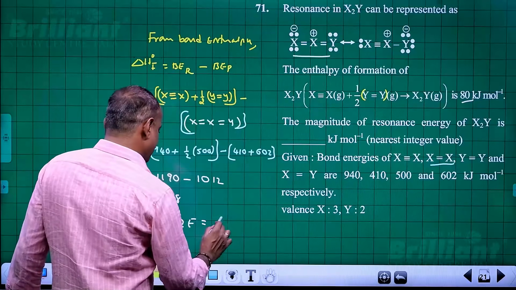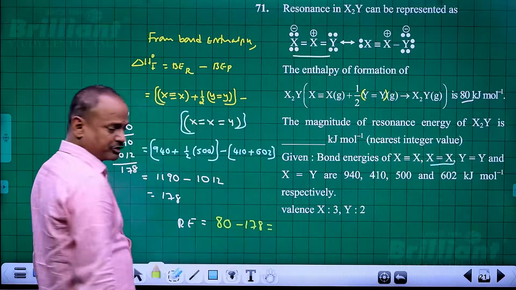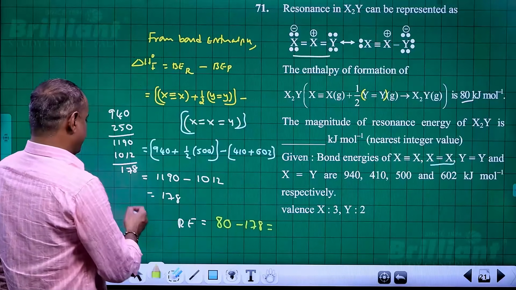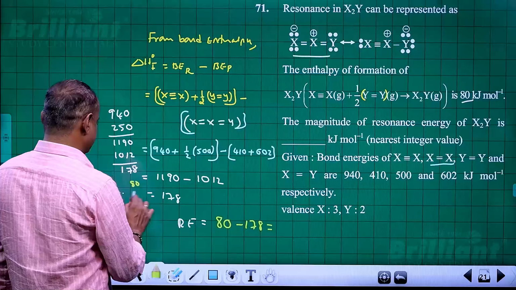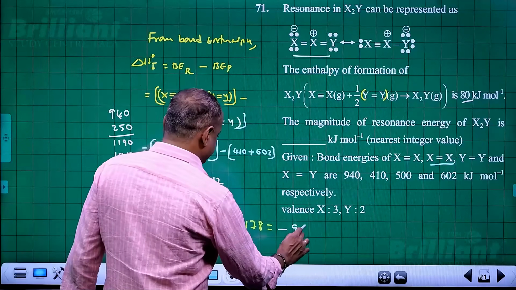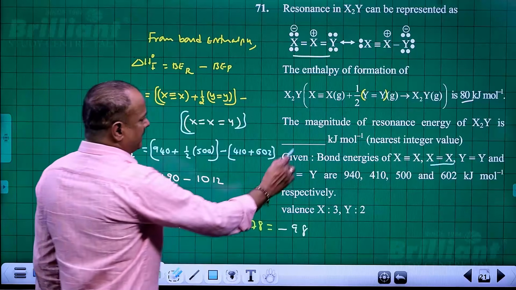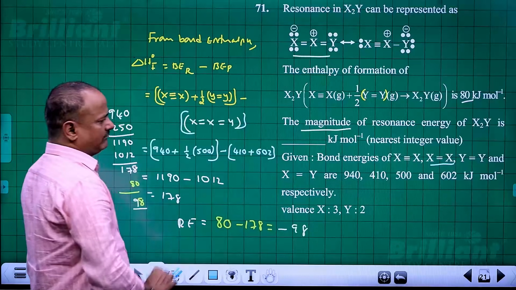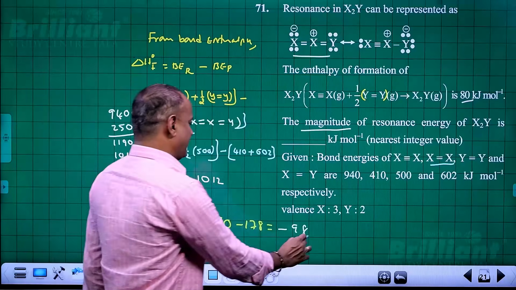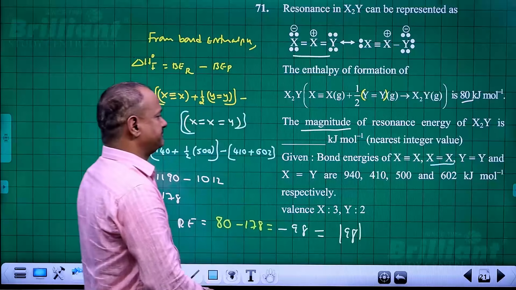Therefore 80 minus 178, it should be a negative value, so minus 98, but we want magnitude only. Actually resonance energy is always negative, but here we want only the value, 98.